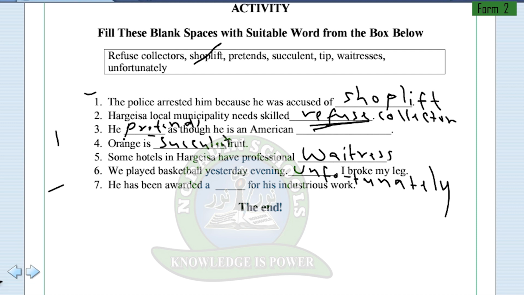We have used all of them. I used this one, and this one, and this one. The last one: he has been given a tip for what? Why was he given it? For his industrious work.